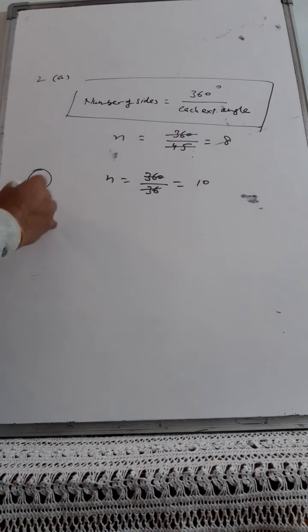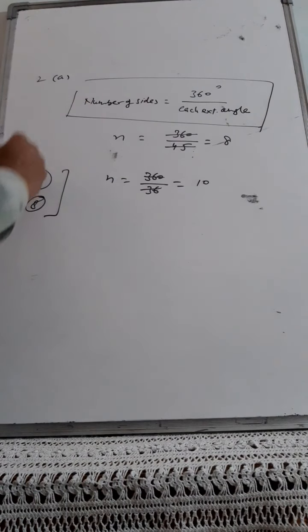So question number 7 is also to find the number of sides. Then in the 8th also all four parts are there, so you need to divide 360 first by 10, then by 36, then by 40. All of you will be able to do question number 7 and question number 8 based on the same property, that the number of sides is always equal to 360 upon each exterior angle.